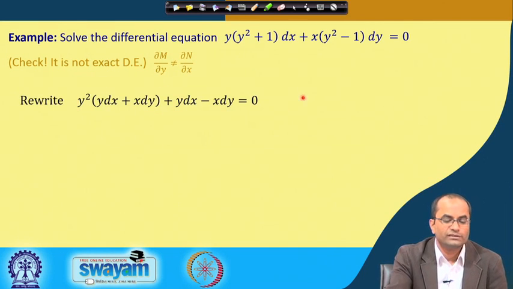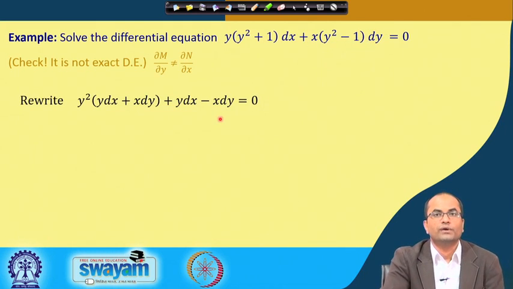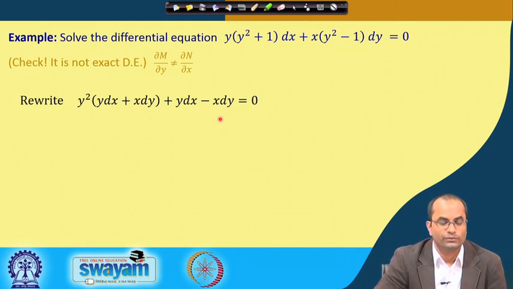So, rewriting this equation, taking y squared common from these two terms, we get y dx plus x dy, and then plus y dx minus x dy, that is equal to 0.